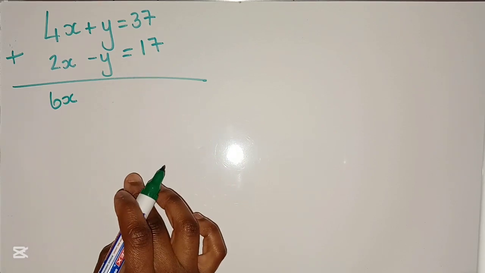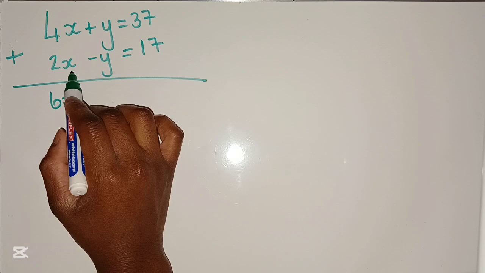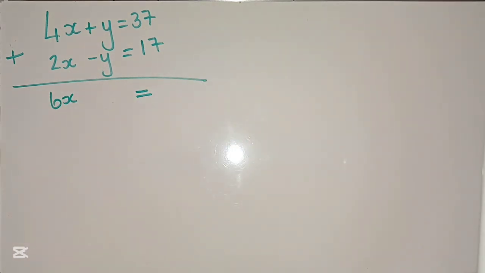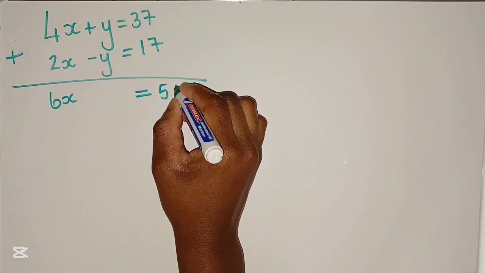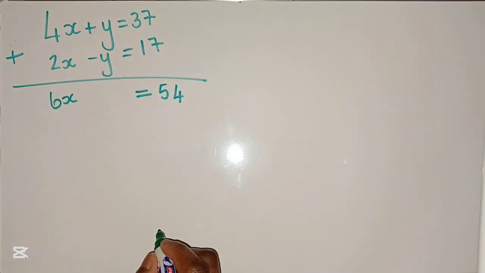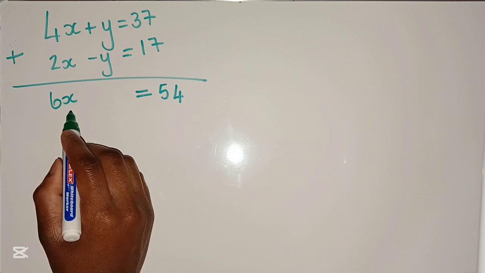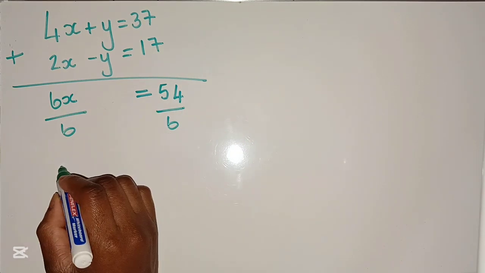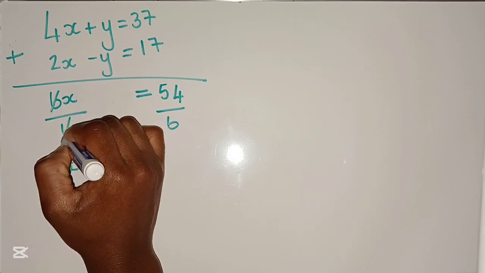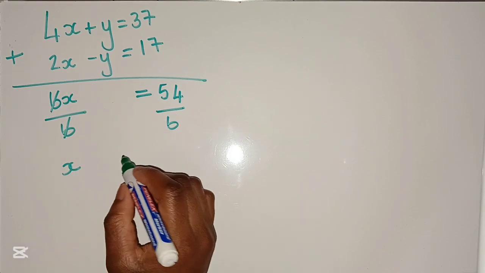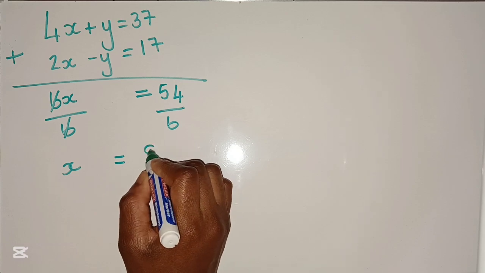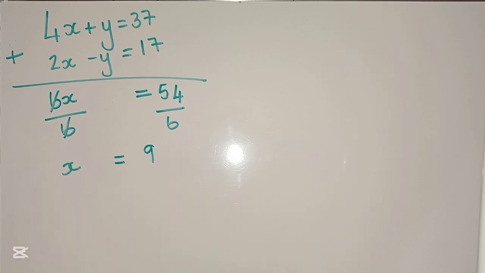We can remove the 0. So 4x plus 2x will give me 6x equals 37 plus 17 will give me 54. Right, let's isolate this variable by dividing both sides by 6. These two cancel out and the x comes down as it is. 54 divided by 6 is 9.